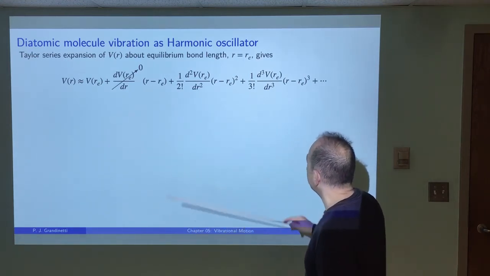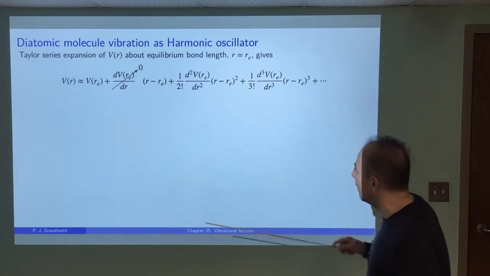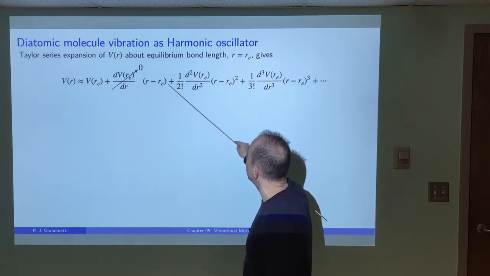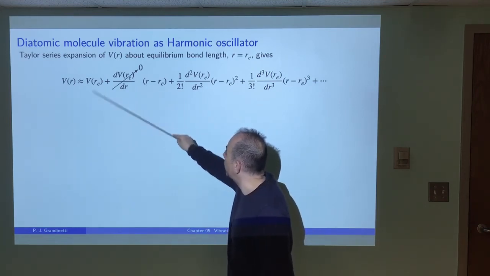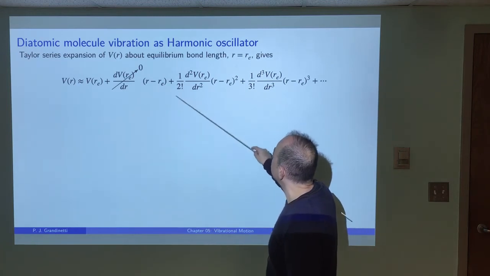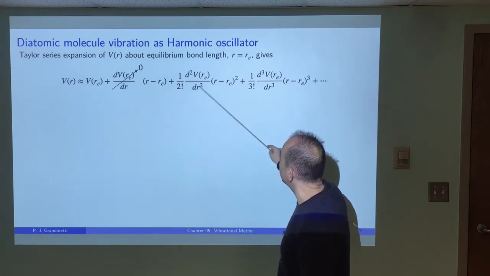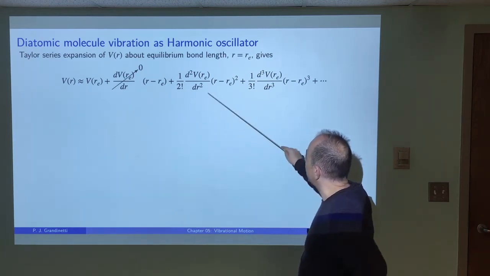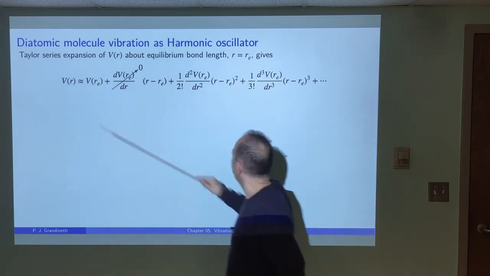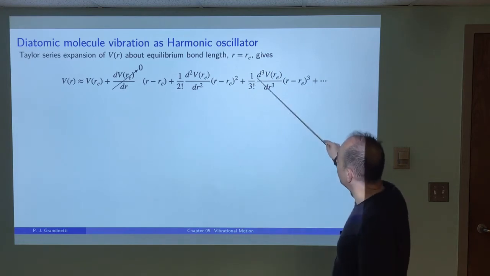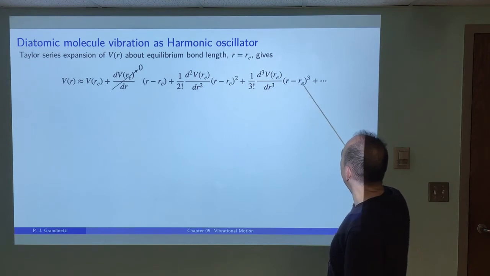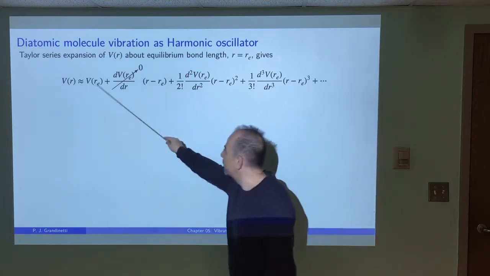And if you remember your Taylor series expansion, if you don't, make sure you go back and review this. Then it's going to be the first derivative with respect to x times the deviation from the point about which you're expanding, so r minus the equilibrium position here. And then the next term is 1 over 2 factorial, and the second derivative with respect to r times the square of the deviation from this equilibrium position. And then the third term is 1 over 3 factorial, and the third derivative times the cube of the deviation from the equilibrium position.